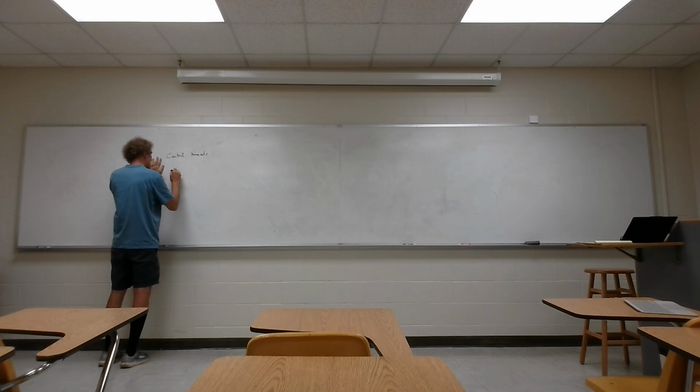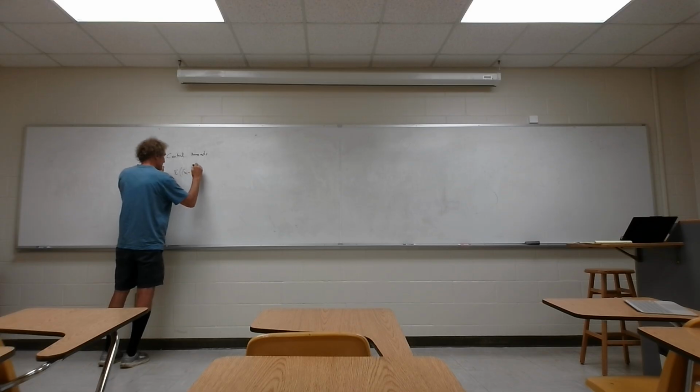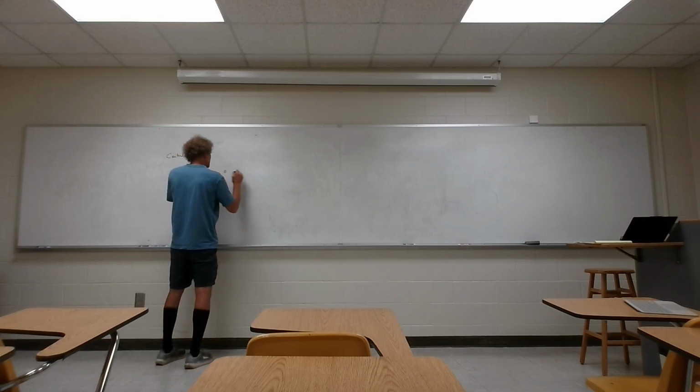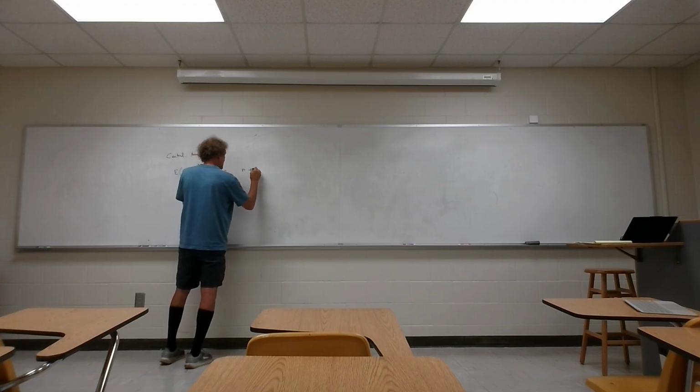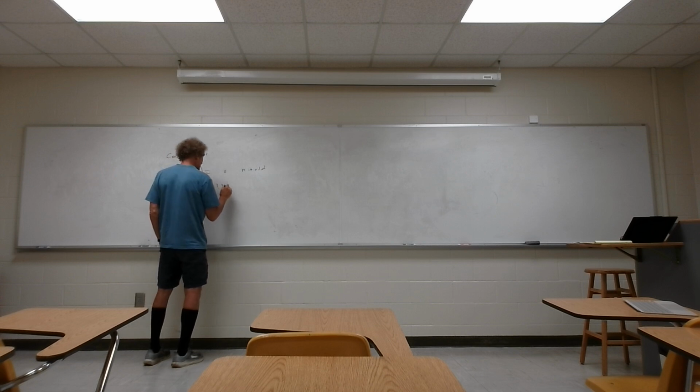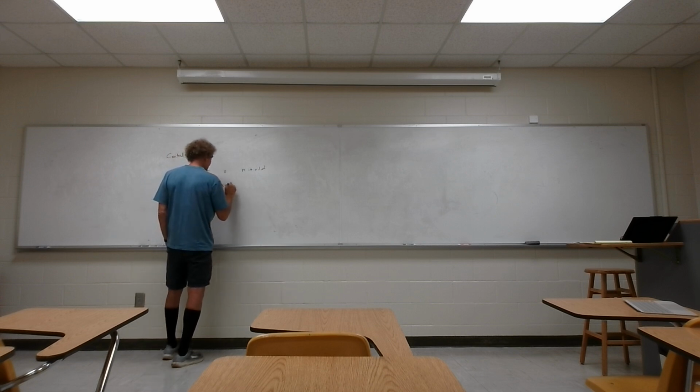So anytime you have the expected value of x minus x bar to the nth power, they're going to be equal to 0 for n odd, and they're going to be equal to 1 times 3 times, up to n minus 1, times sigma to the n.